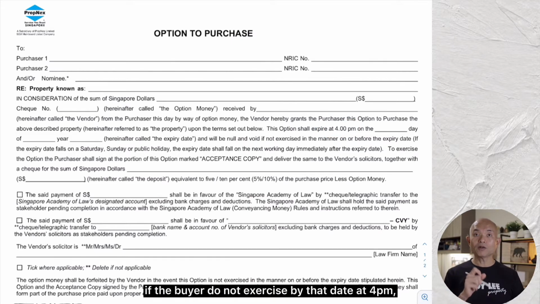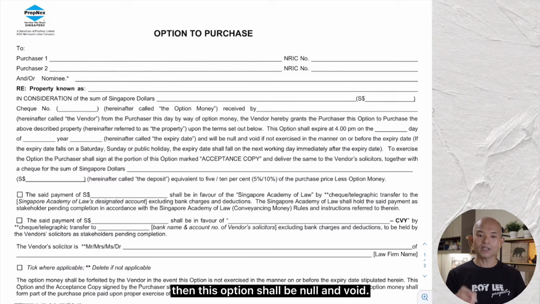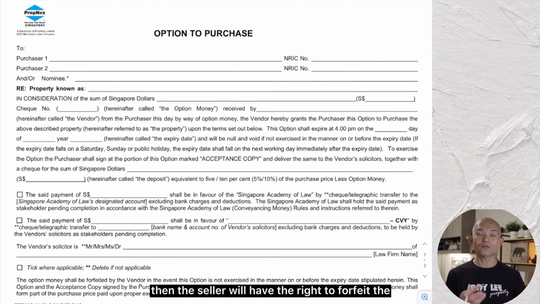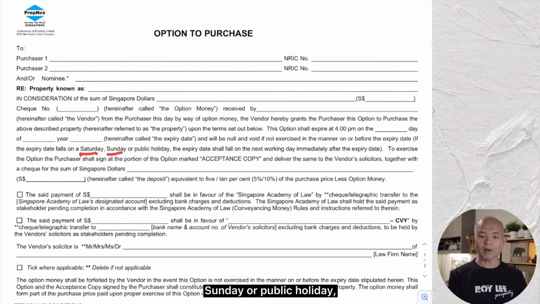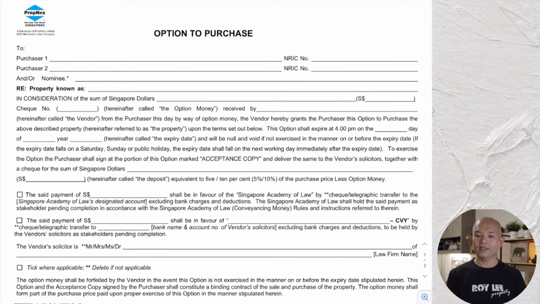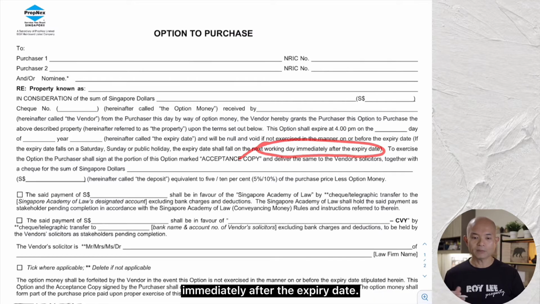Now if the buyer does not exercise by that date at 4 p.m., then this option shall be null and void. And having it not exercised, the seller will have the right to forfeit the buyer's option money. Now if the date falls on a Saturday, Sunday or public holiday, then the expiry date shall fall on the next working day immediately after the expiry date.